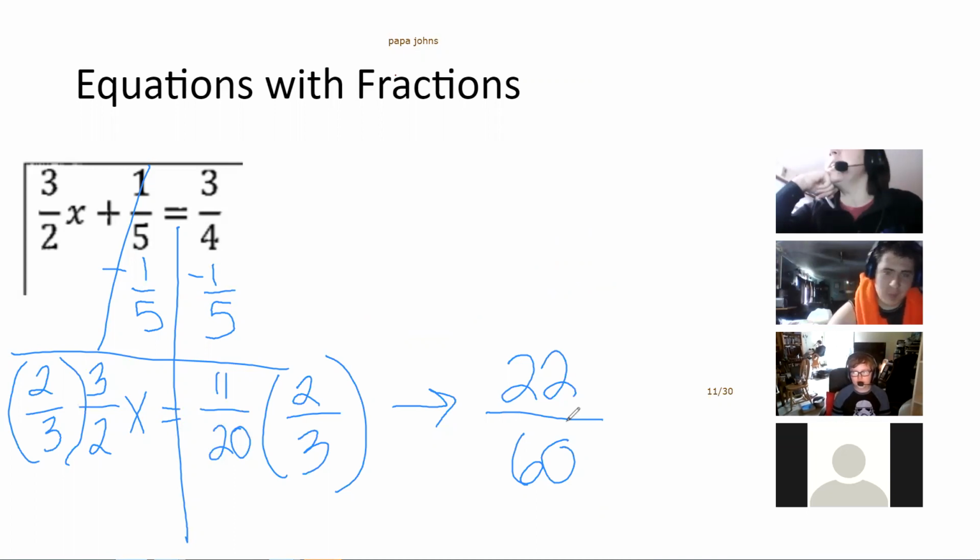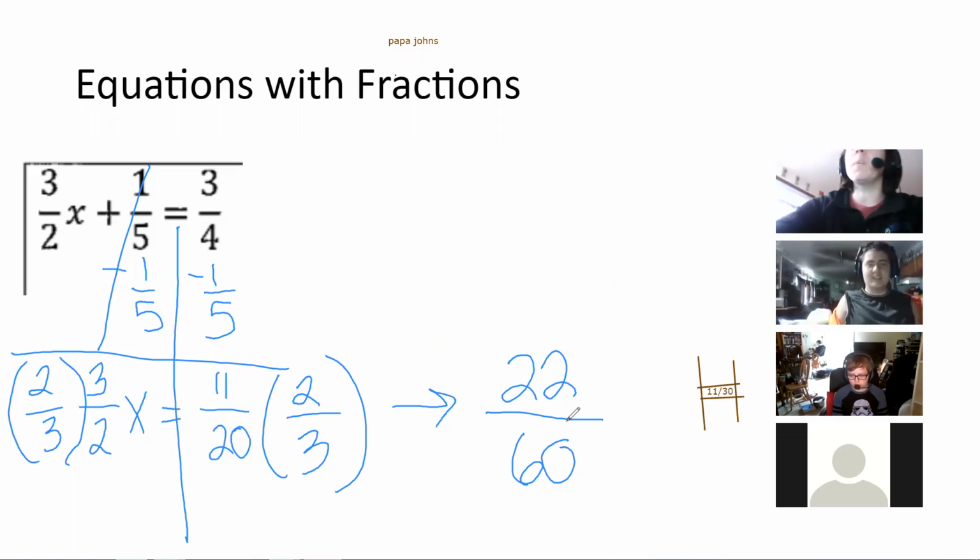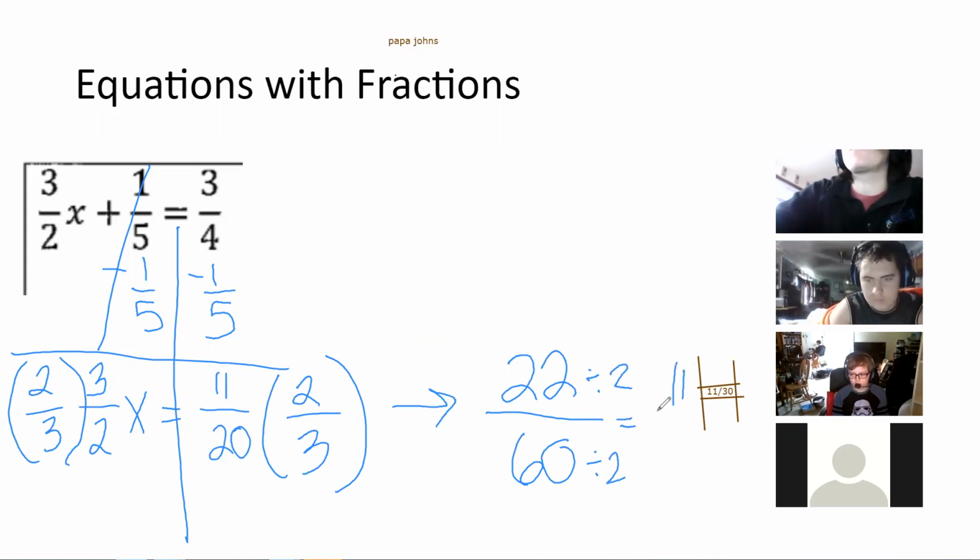So since they're both even, you could divide by what number? Oh, someone wrote it right there. Yeah, very good. So if you divide by 2, you do get 11/30. Good.